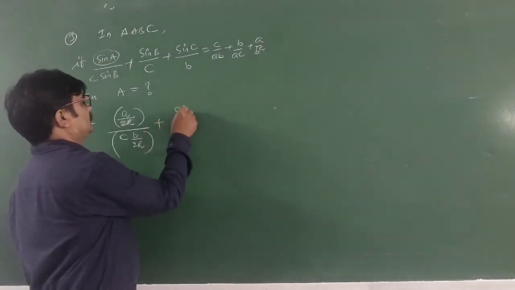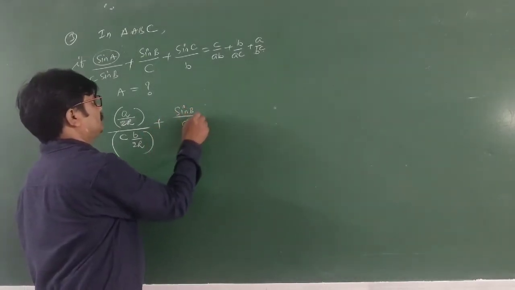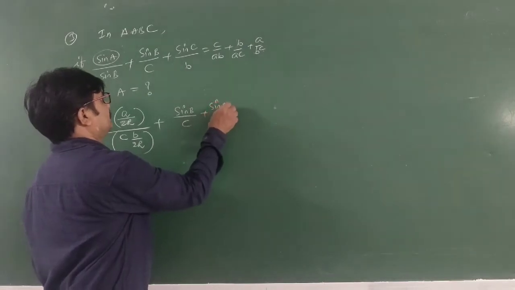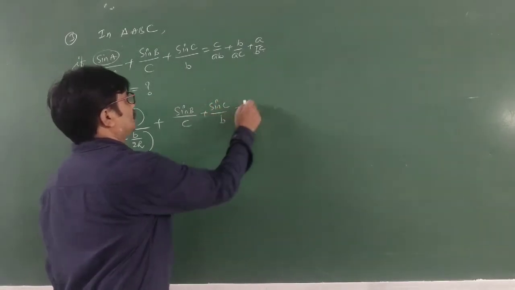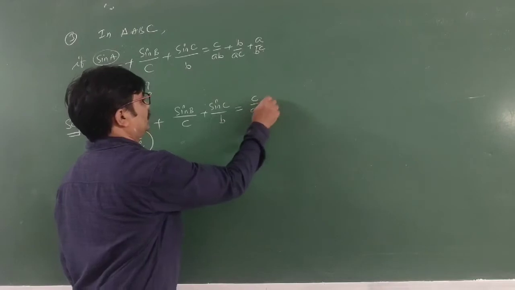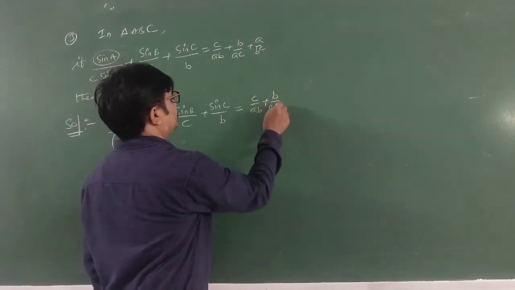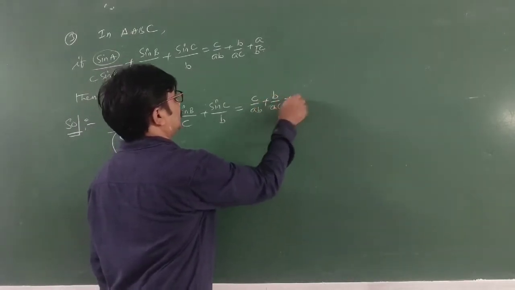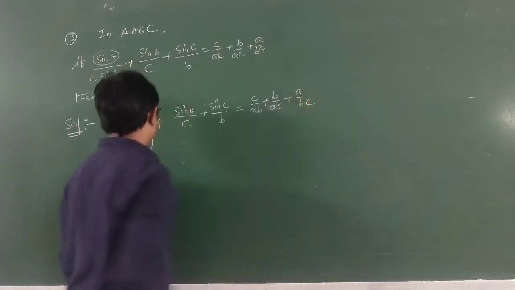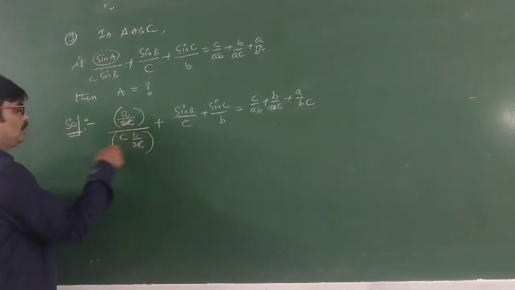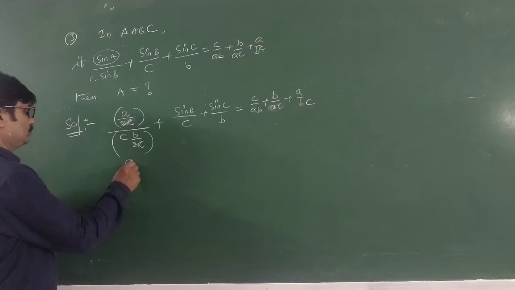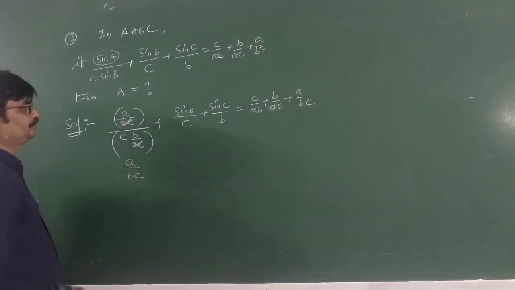Now students, the sin B upon c, sin C upon b, c by AB, b by AC, a by BC. Dear students, the two are cancelled. This is A by BC.